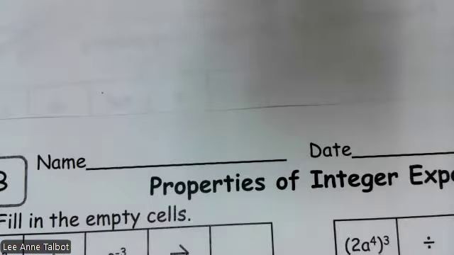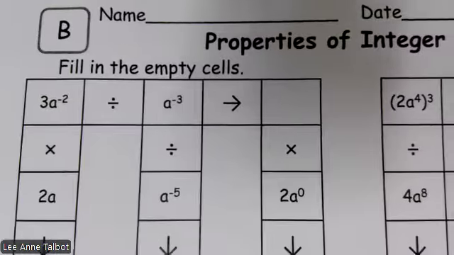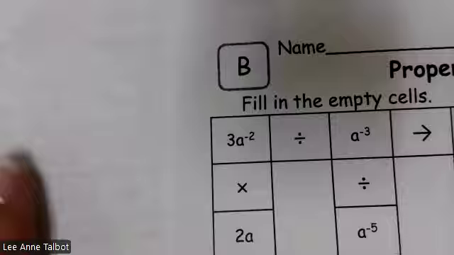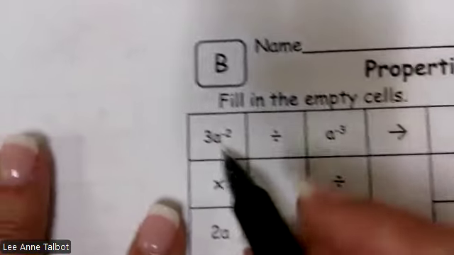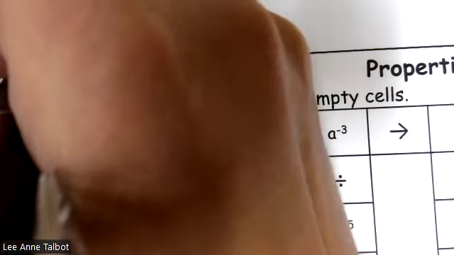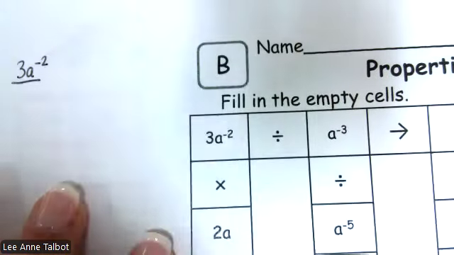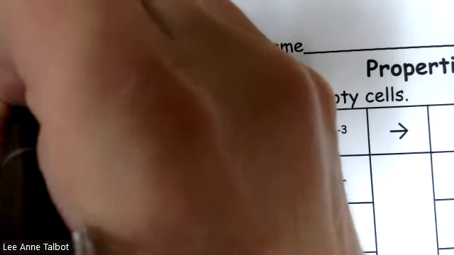Okay, so this is a puzzle, and if we do it correctly, it should match at the very end. So we'll see as we go. So I'm gonna take this first thing here, 3a to the negative 2 divided by a to the negative 3.